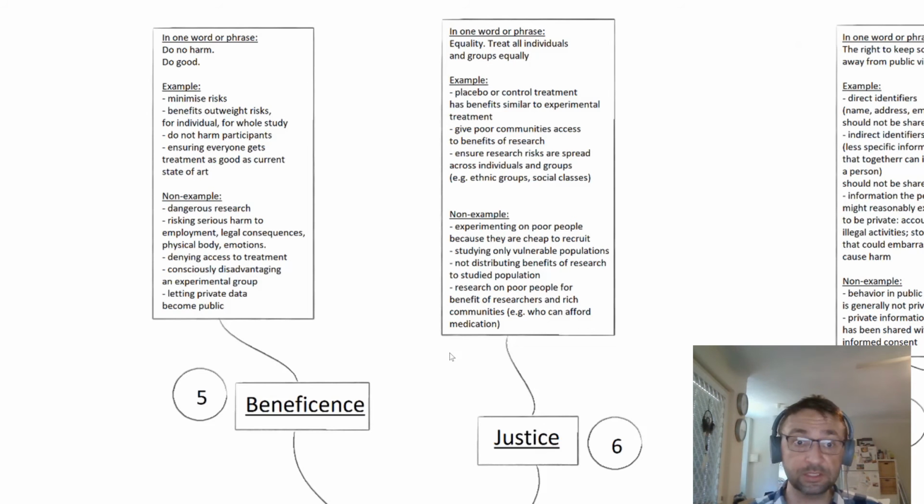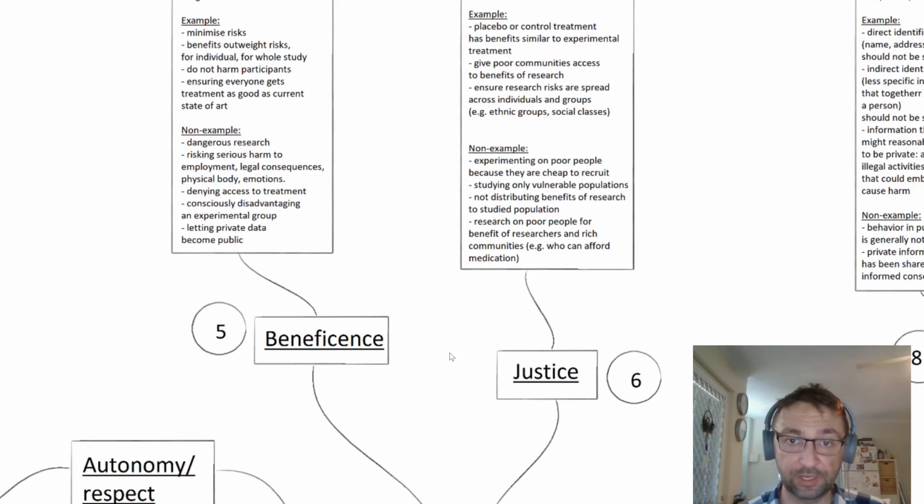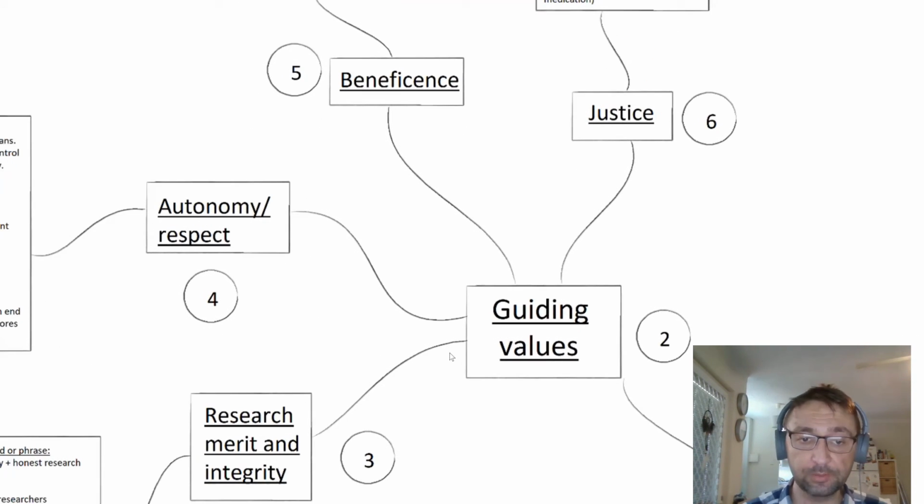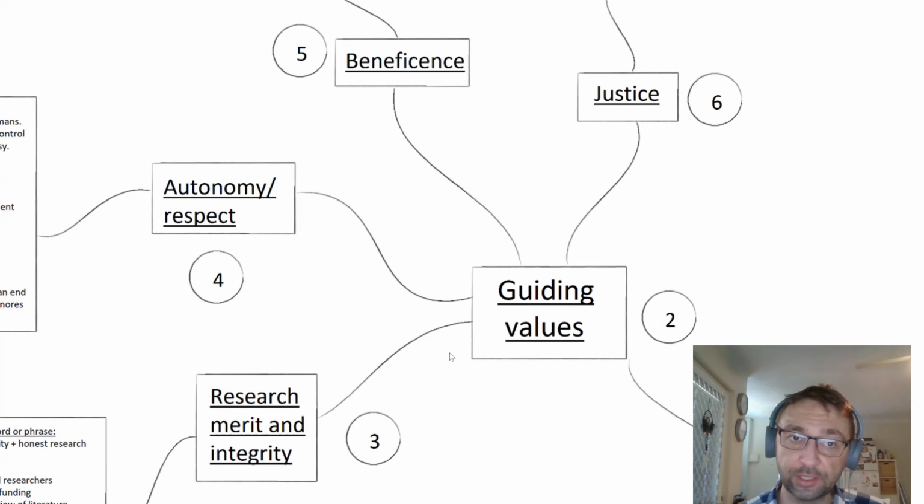Okay, so that's the end of guiding values. Remember them again: research merit and integrity, which basically means do quality, honest research. Autonomy, which basically means show courtesy, respect the individual rights and respect the humanity of each of the people you're researching.